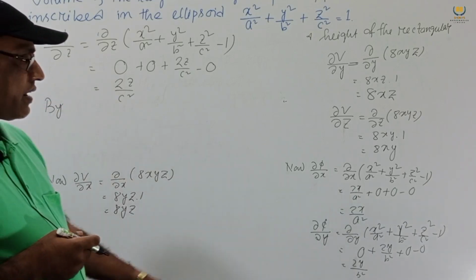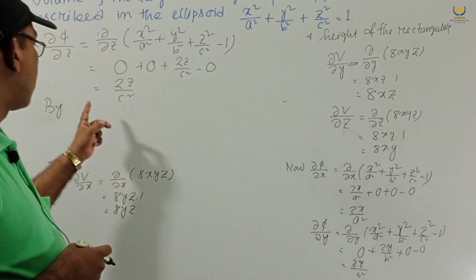So finally what we get? Del phi by del x, del phi by del y, del phi by del z.